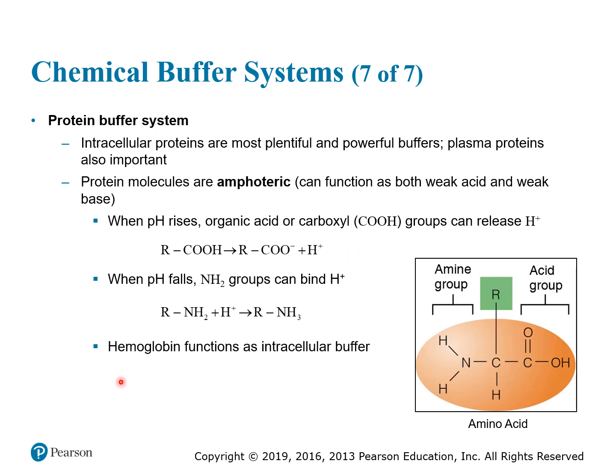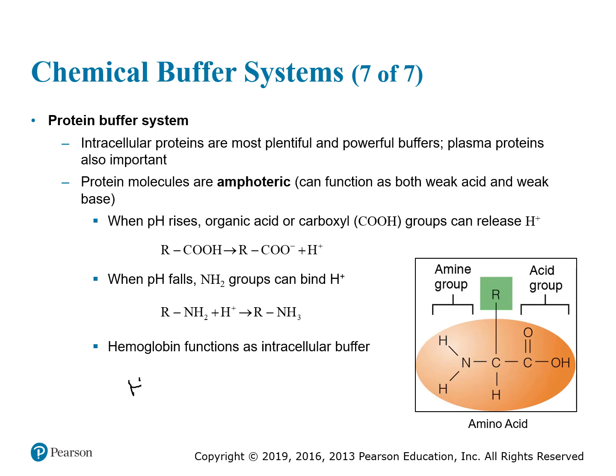Hemoglobin also functions as an intracellular buffer, and we saw that when we were doing transportation of the carbon dioxide, that the reduced hemoglobin is the hemoglobin which is bound to a hydrogen ion, HHb. Remember, just to remind you, this is how we write reduced hemoglobin.